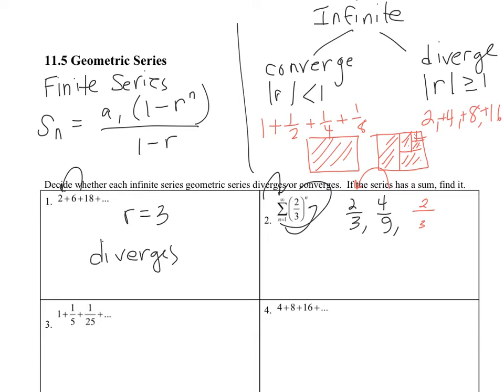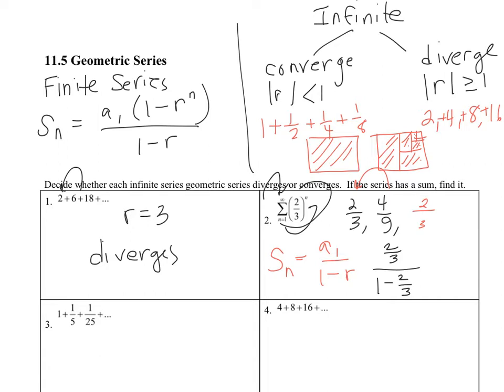So the formula, I should have written that at the top, if it converges, is very simple. It's the first term divided by the difference of 1 and the common ratio. In this case, my first term is 2/3, and I'm going to do 1 minus the common ratio, which is 2/3.